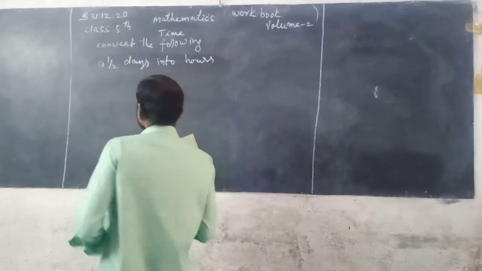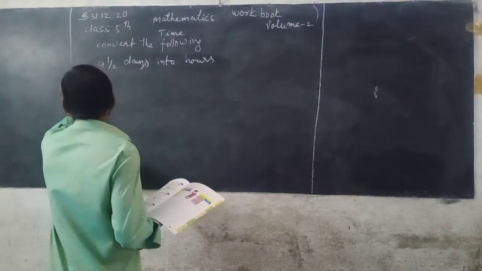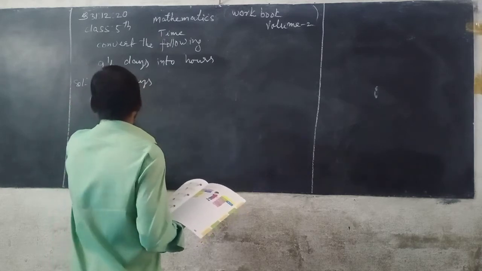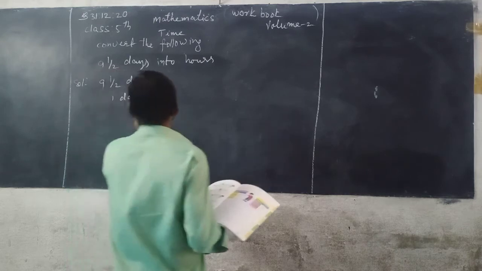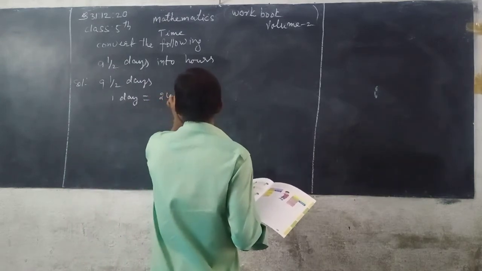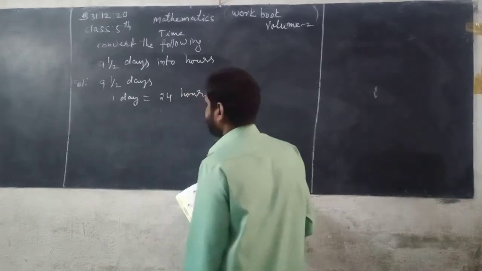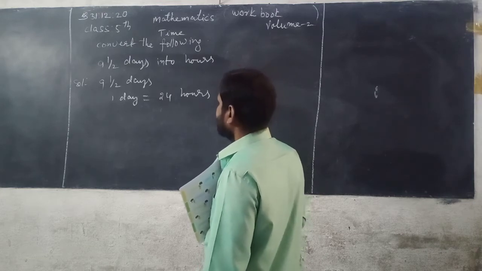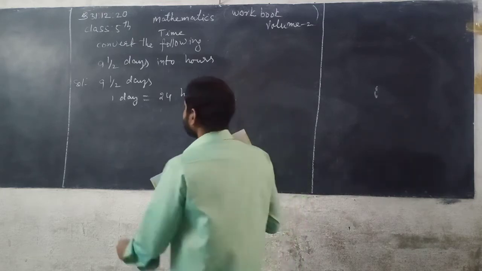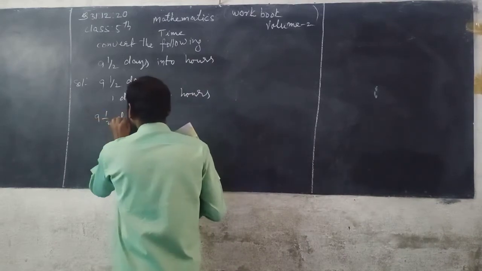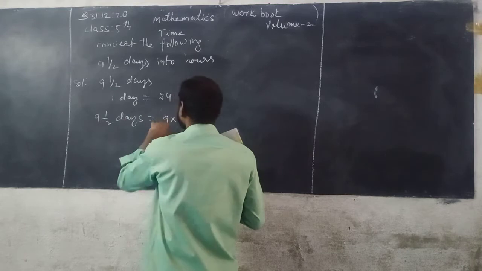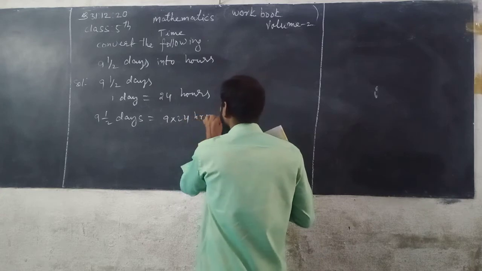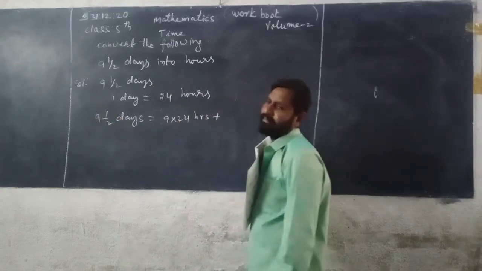Solution: 9 and a half days. 1 day is equal to 24 hours. 9 and a half days is equal to 9 multiplied by 24 hours plus half a day. Half a day means 12 hours.